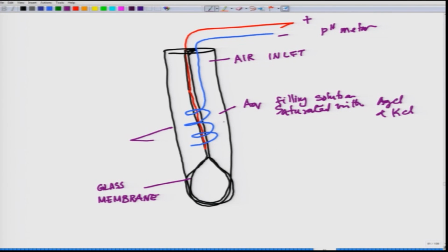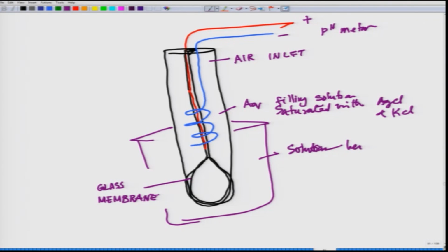Here you have a beaker sitting there, which is the solution level of analyte in the beaker.